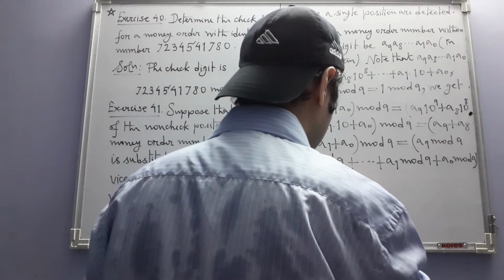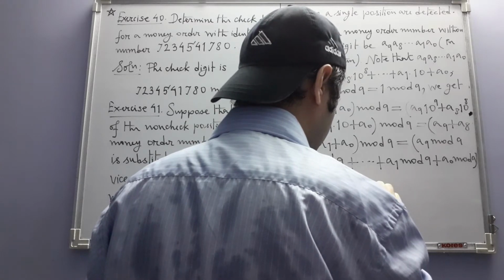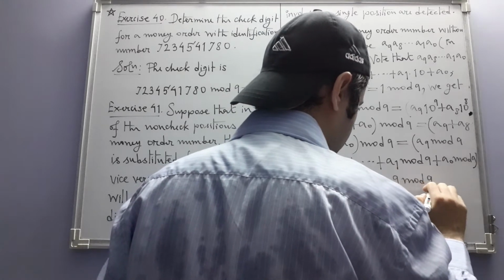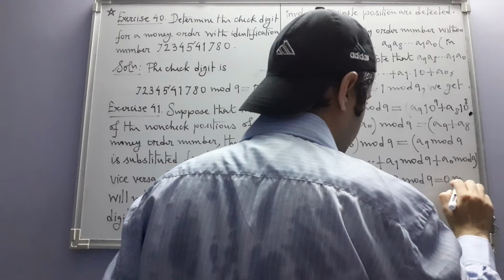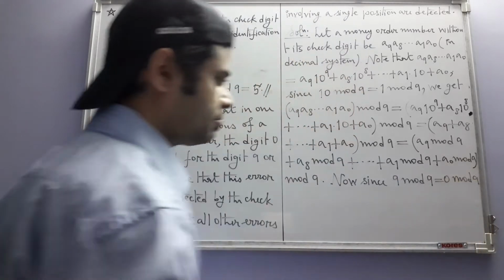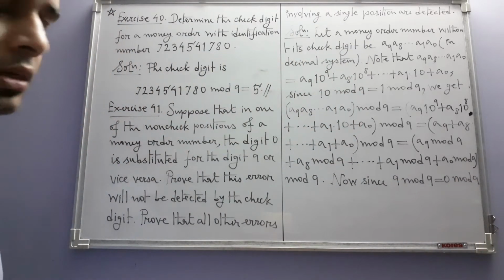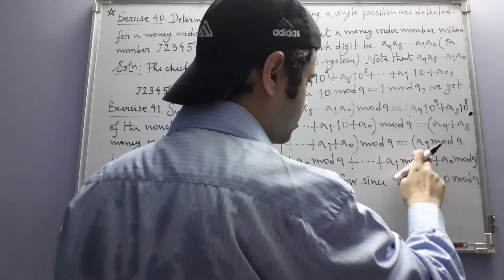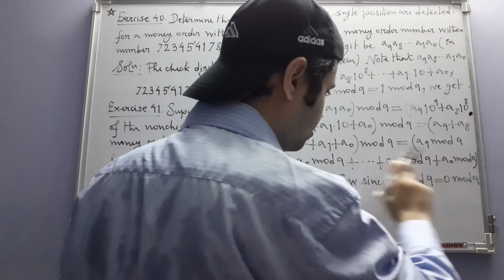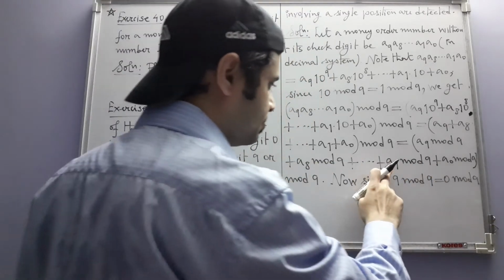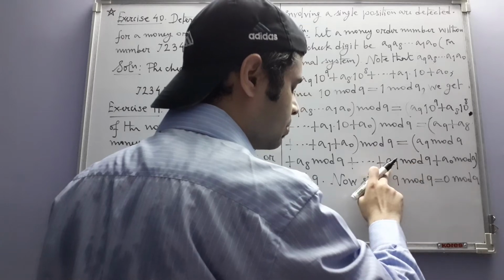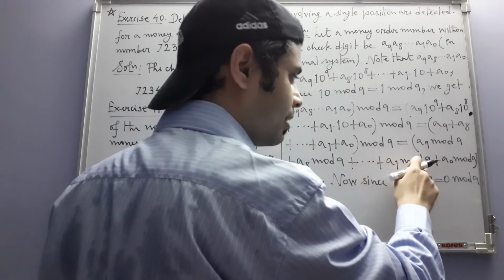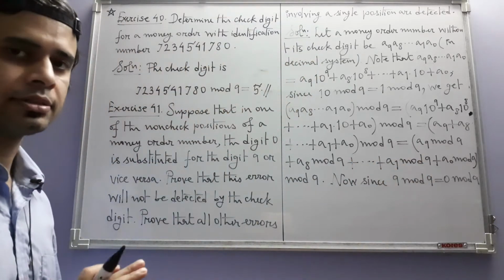Now since 9 mod 9 is equal to 0 mod 9, clearly both sides are 0. So if in place of these remainders you have, say, 9 here, then whether you write 9 here or 0 here, it does not matter.